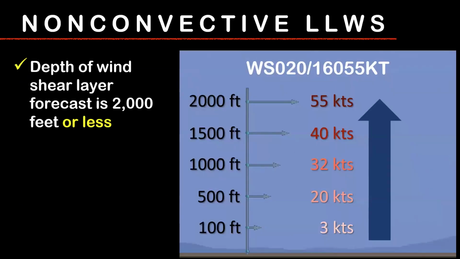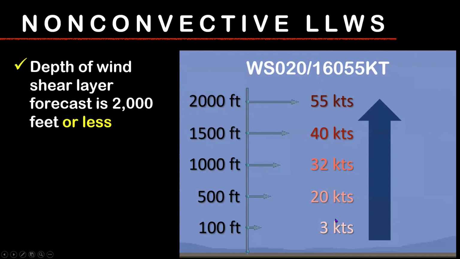So what this tells us, within the depth of that wind shear layer, is how the wind speeds are changing with height. So in this case, where you have a 0 to 0, that's the depth of, in this case, 2,000 feet of the wind shear layer. Then you have the winds at that particular altitude of 160 degrees at 55 knots.